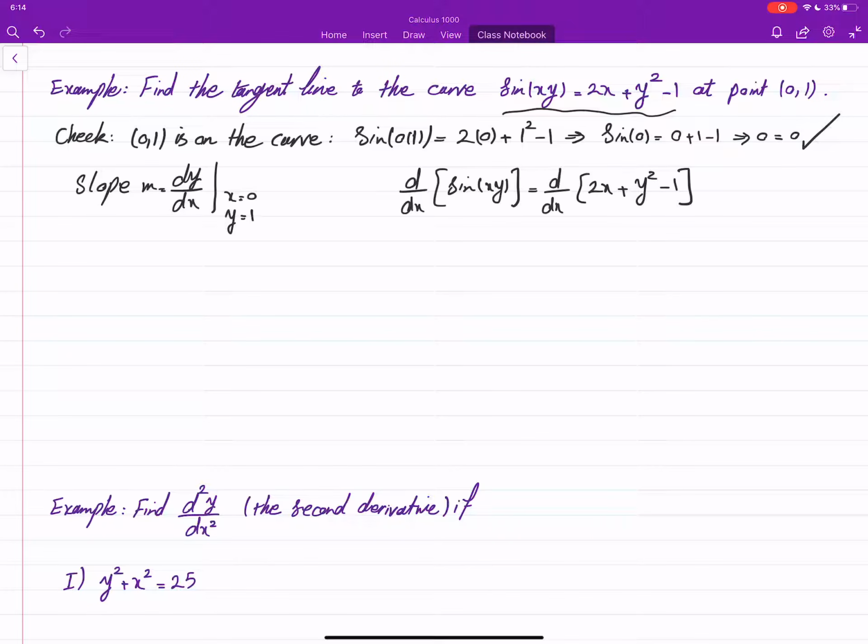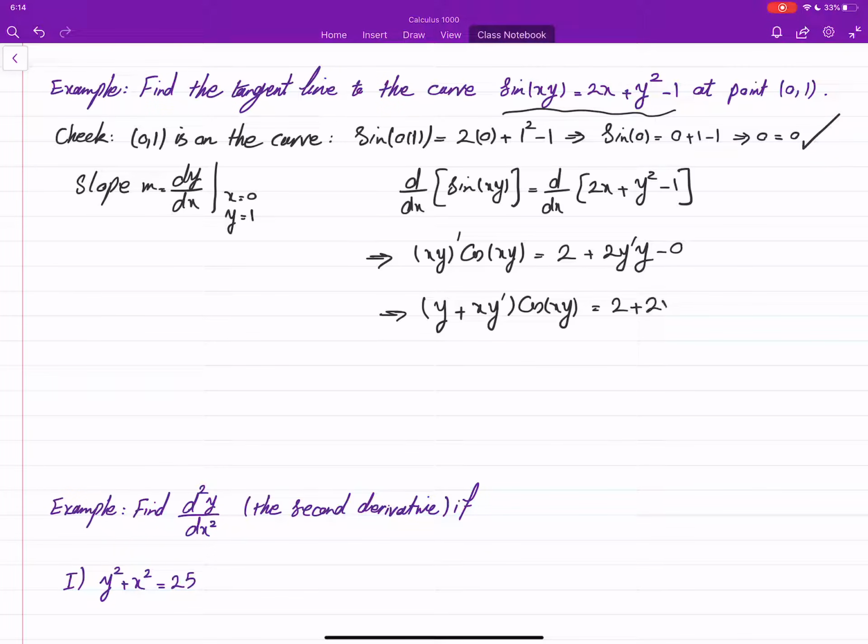Here I have x y prime cosine of xy, and on the right hand side this is 2 plus 2y prime y minus 0. Here we have a product rule, so it will be 1 times y plus x times y prime times cosine xy equals 2 plus 2y prime y.